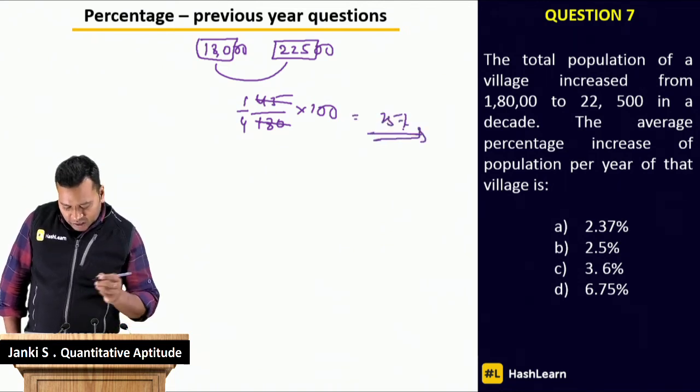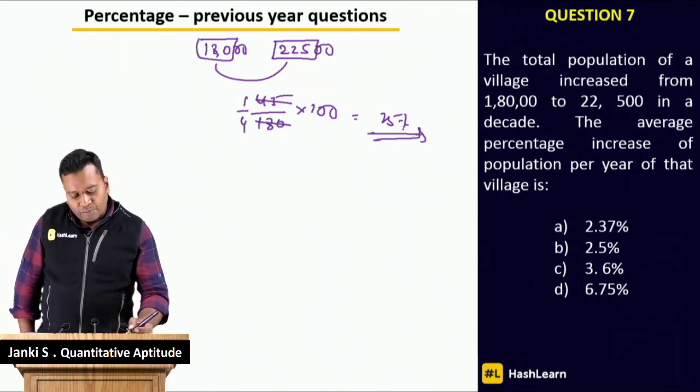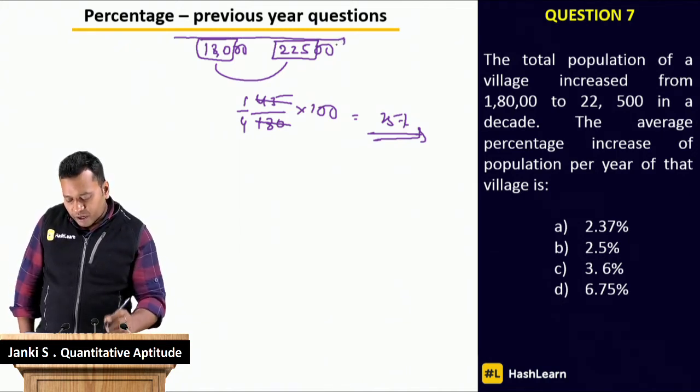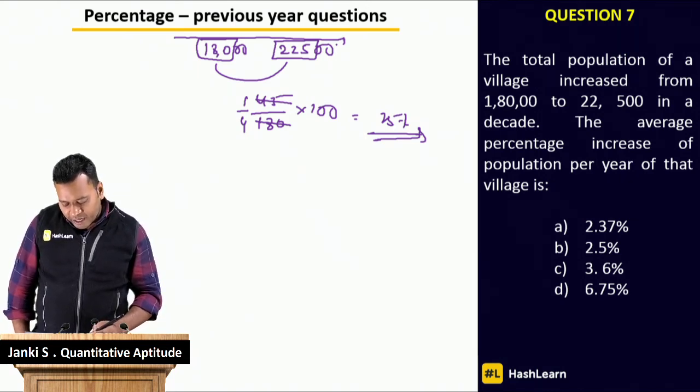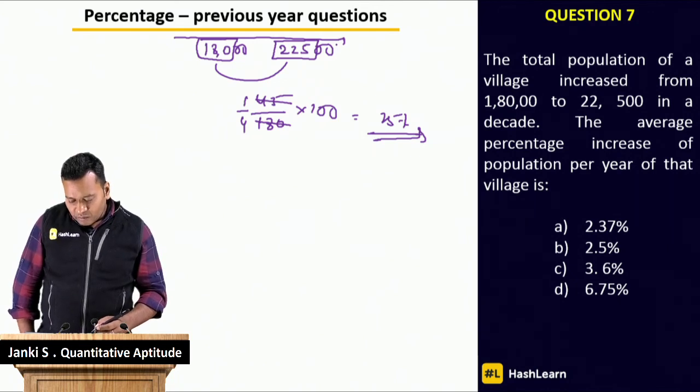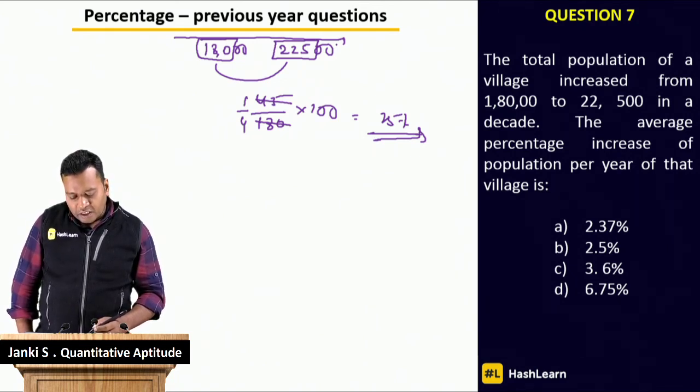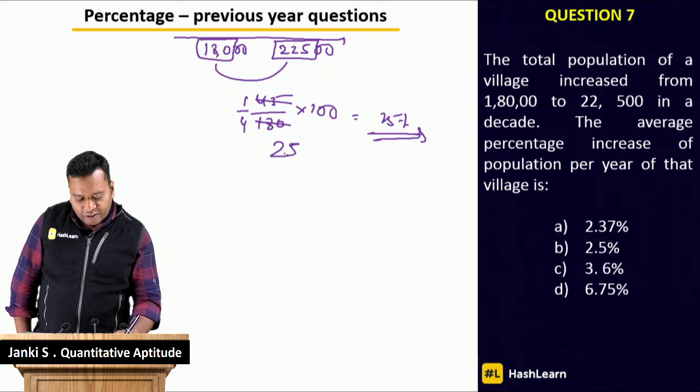But 25% is the increment for the complete decade. The average percentage increase should be how much? I should divide 25 by 10, since the population change is over a decade.